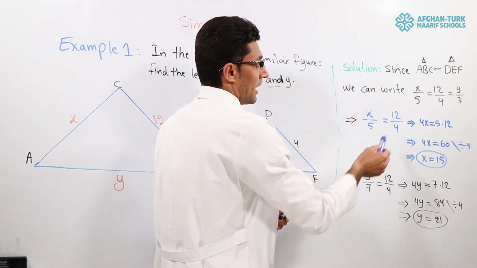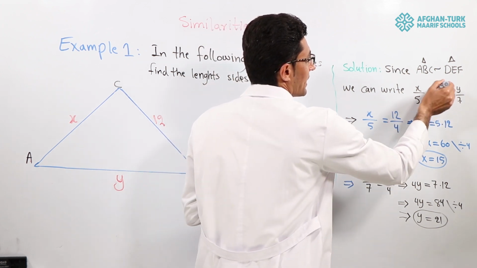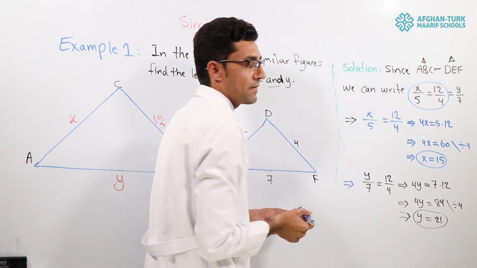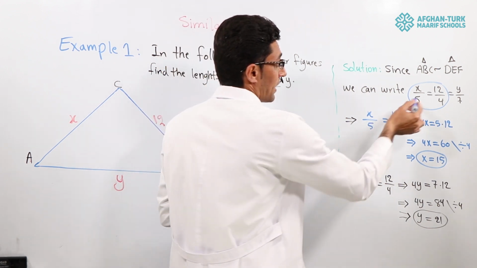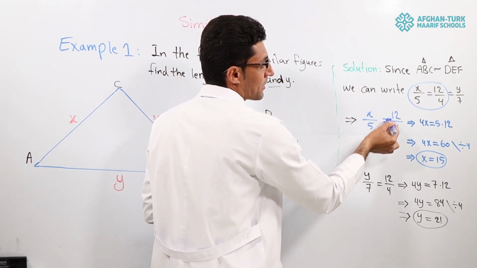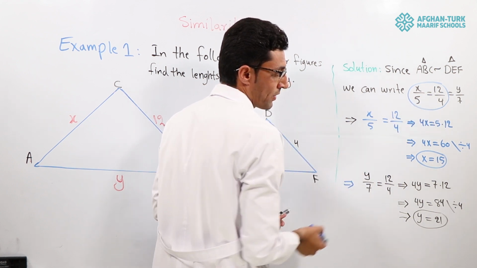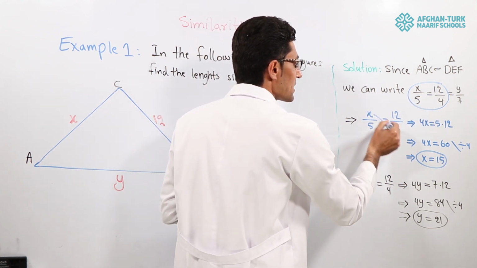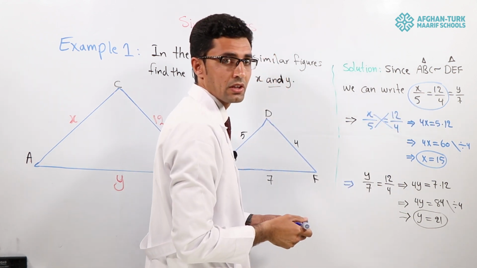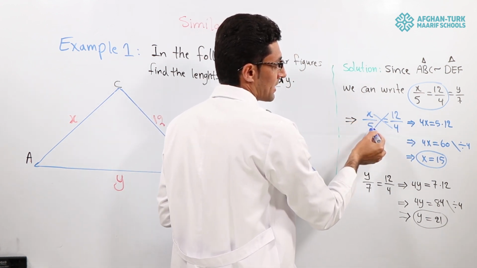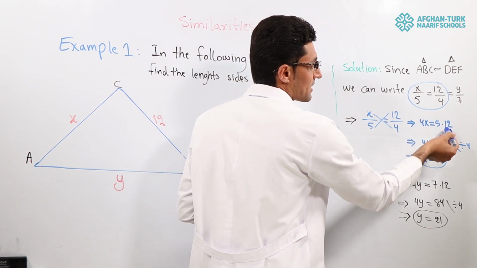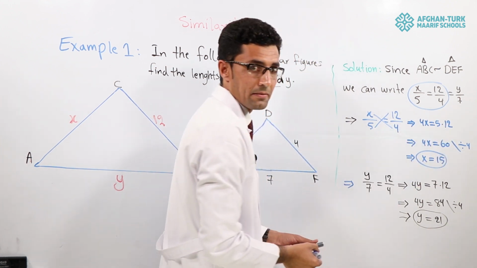How? At first, in order to find x, I should take these two fractions or ratios. Okay, x over 5 is equal to 12 over 4. I use cross multiplication. X multiplied by 4 is 4x. 5 multiplied by 12 is how much? 60.